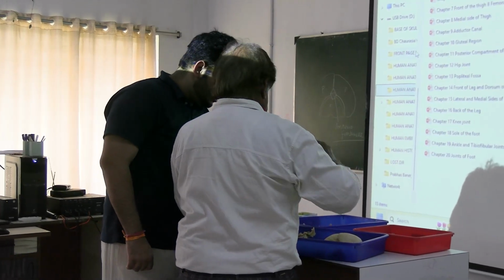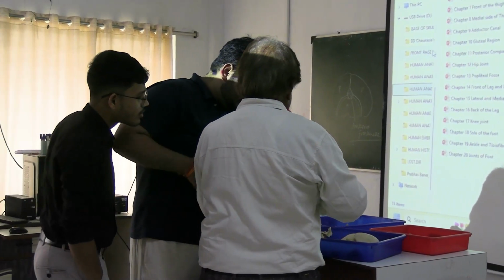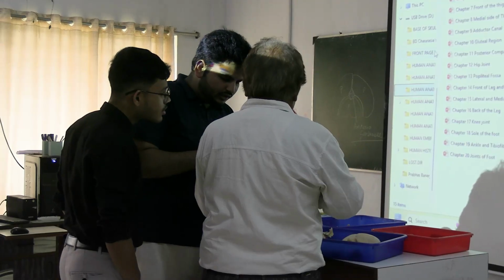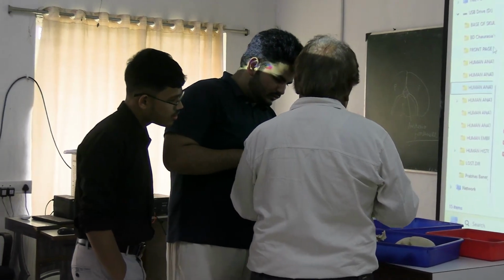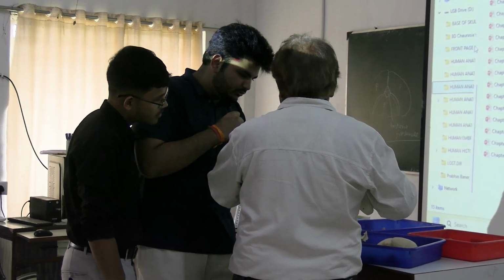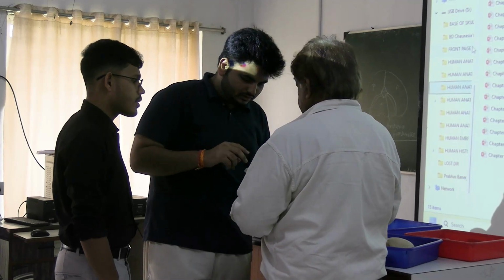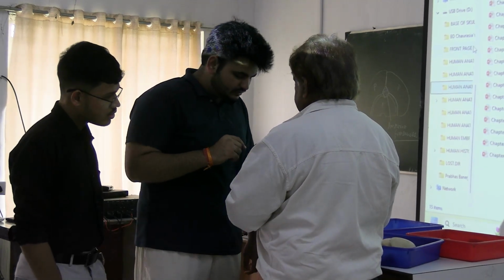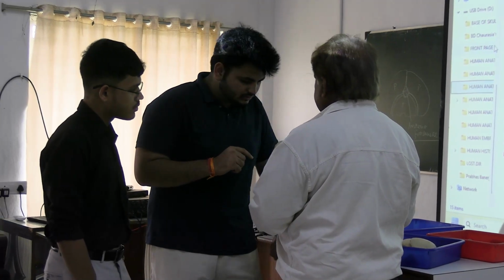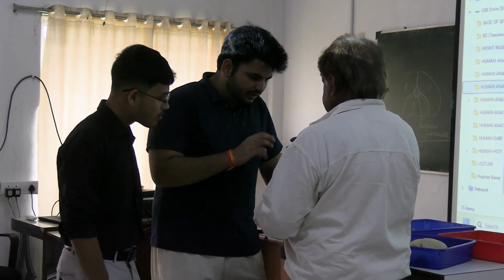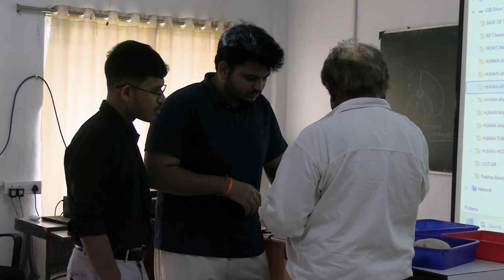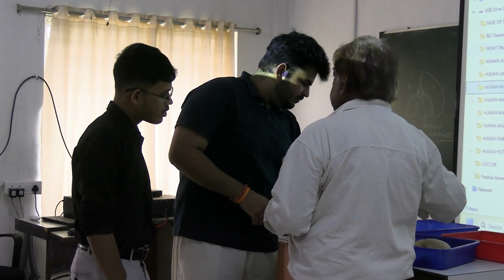This is frontal. This is parietal and frontal, parietal joint. Two parietal, one frontal, one occipital, two temporal, two maxillaries. Okay, this is the upper jaw, and mandible is the lower jaw.